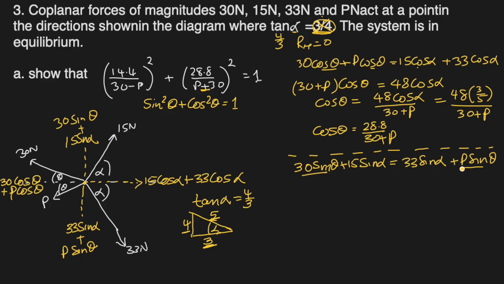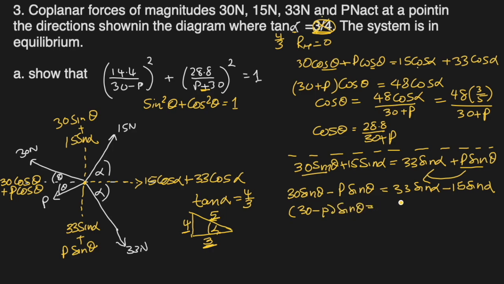They want p to be negative? Yes. So let me bring this one to the left side. So it will be 30 sine theta minus p sine theta, which will be equal to 33 sine alpha minus 15 sine alpha. So again, just like this, we will take common 30 minus p.